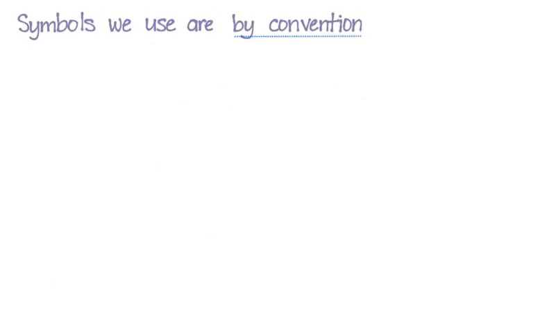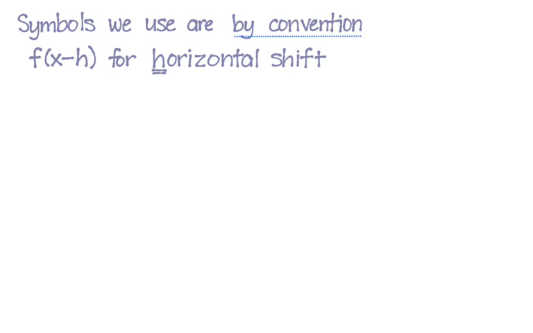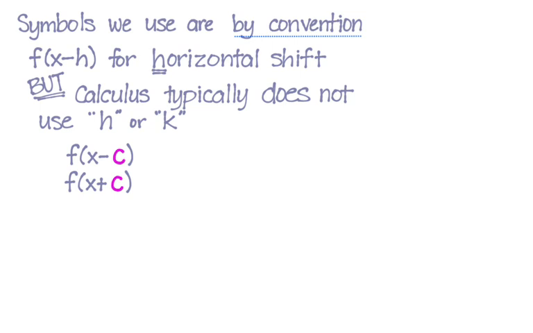The symbols are used by convention. This a, the h, the k, all that. That's not like a law, but we do use those symbols. Okay? So many times we just say f of x minus h for horizontal shift. But in calculus, we don't use h because, again, h is just a convention that we get used to. Once you get to calculus, we don't say h and k or any of that.